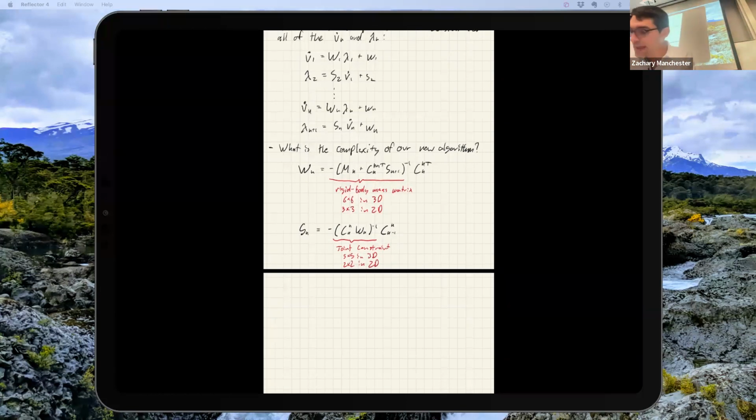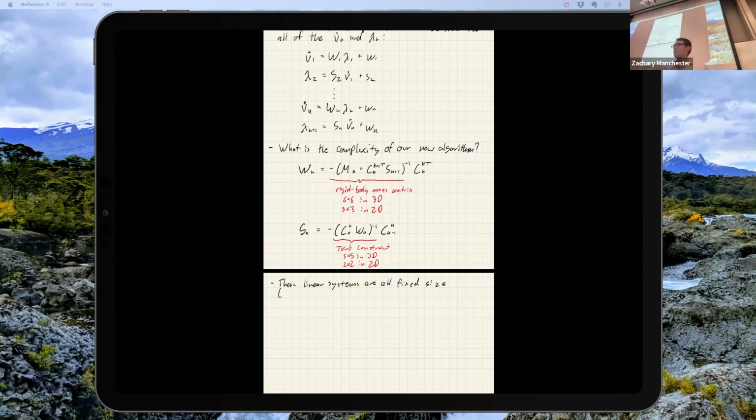So the main message is that all of the linear systems that you have to solve in that recursion are of fixed size, just a few. And they're small, right? If I have a giant robot, I'm talking 5 by 5, 6 by 6 matrices.